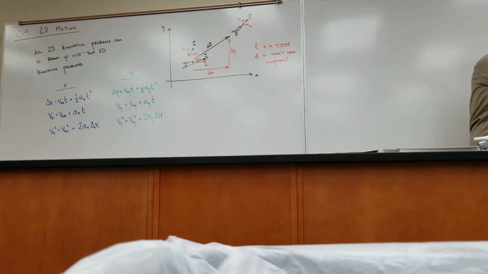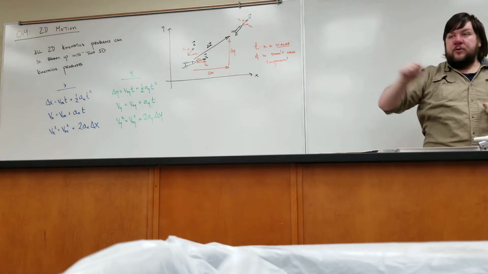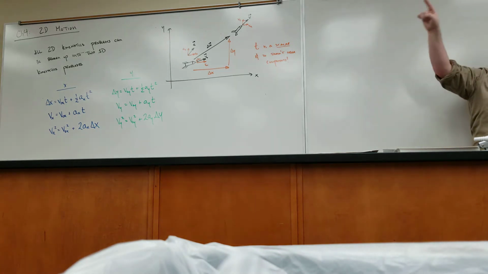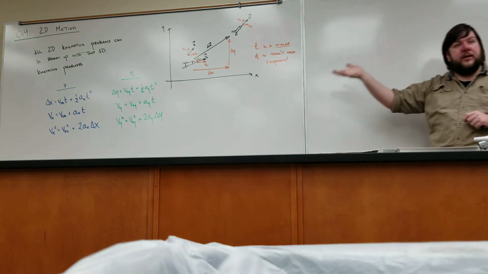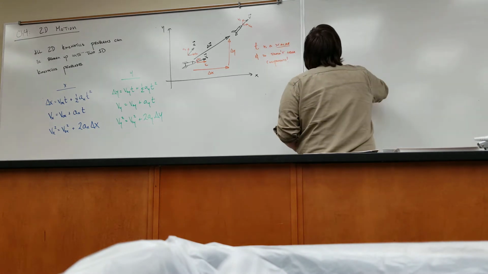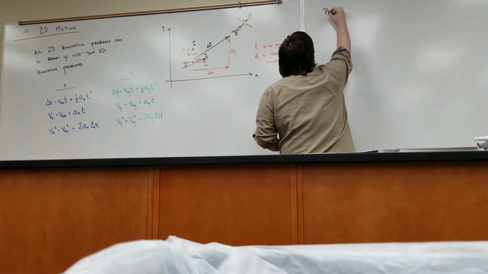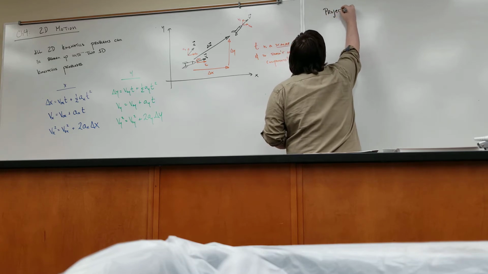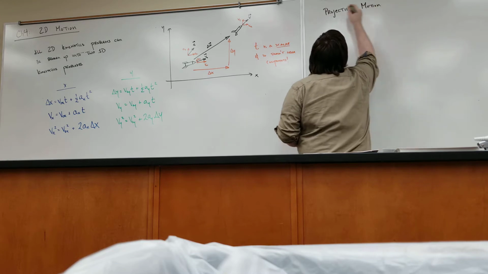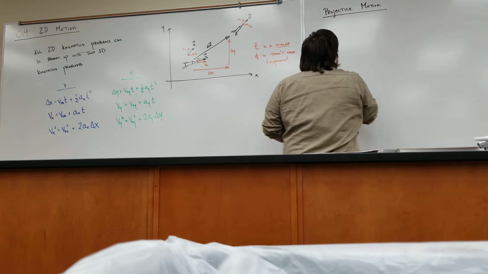So it's going to trace a particular shape through the sky. Okay? That path that it traces through the sky, we call a trajectory. Okay? So we're going to study projectile motion, specifically ballistic projectile motion, but I won't keep saying ballistic projectiles. Okay?